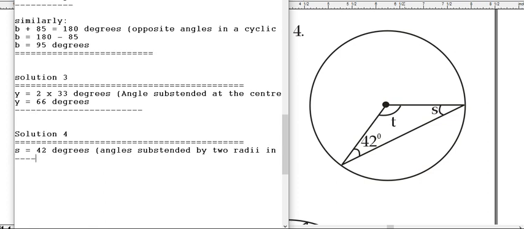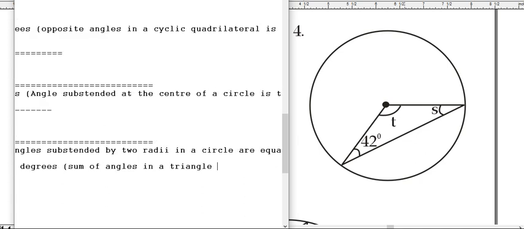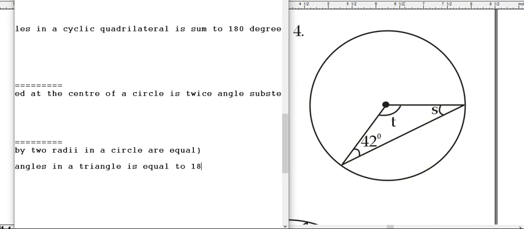Now, remaining is our t, and we should know that t plus 42 plus another 42, that is S and 42, everything equals 180 degrees, because the sum of angles in a triangle is equal to 180 degrees.